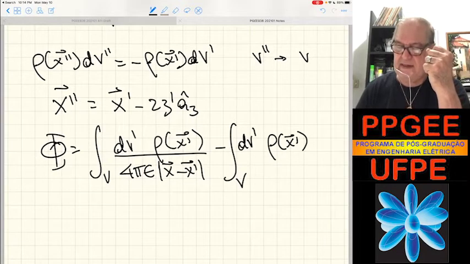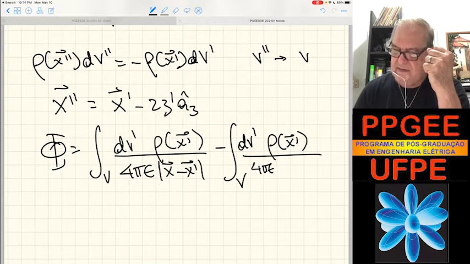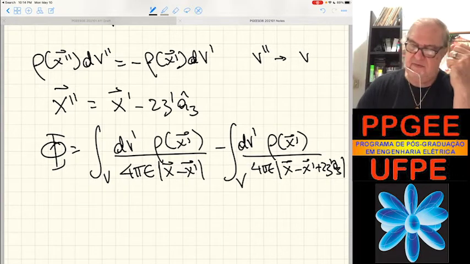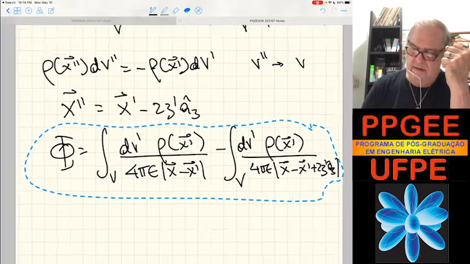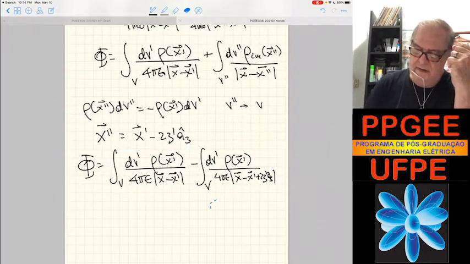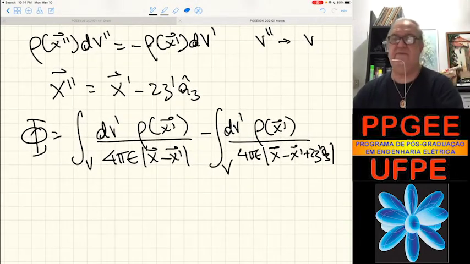Rho of x prime, because that's the image result, over 4 pi epsilon times the magnitude of x minus x prime plus 2z prime az. Let's move this to the left. That's the result we have.